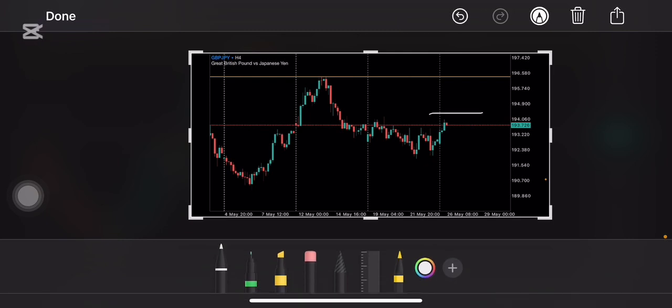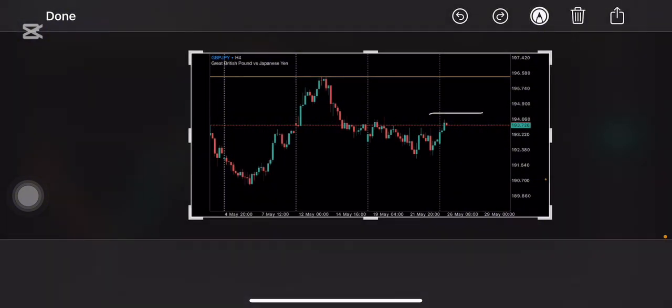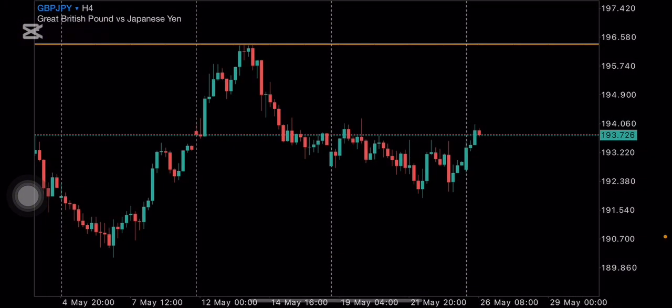This is a low, this is a higher low, and this is a high higher than this one. It's going to come and create a higher low, again a higher low, then it will push up. This is what we expect.